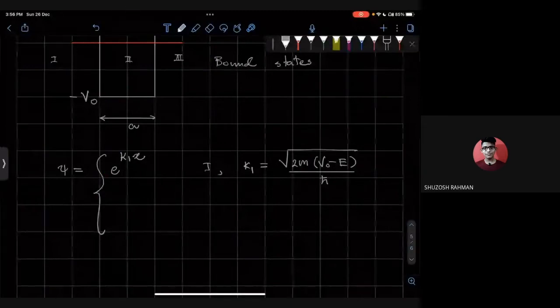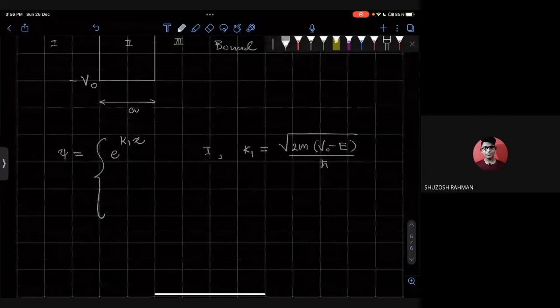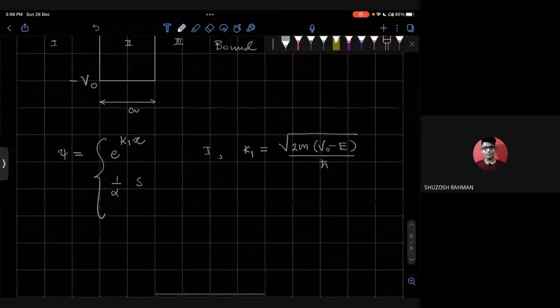So if you do this, then the other coefficients turn out to be, in region 2, 1 over alpha sine of k (x minus a/2) plus n pi over 2. This is quite easy to derive.